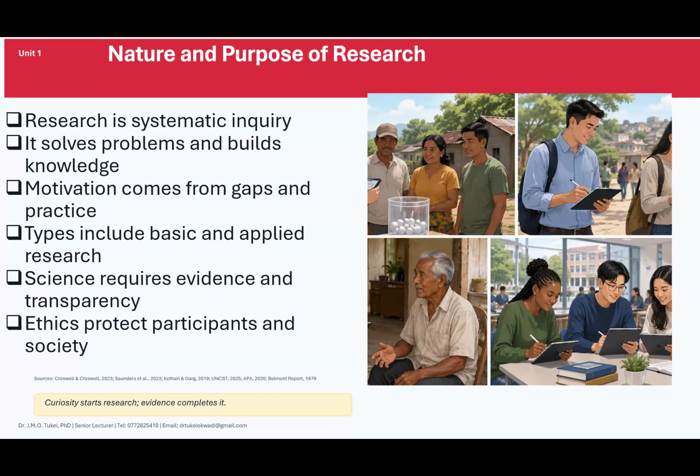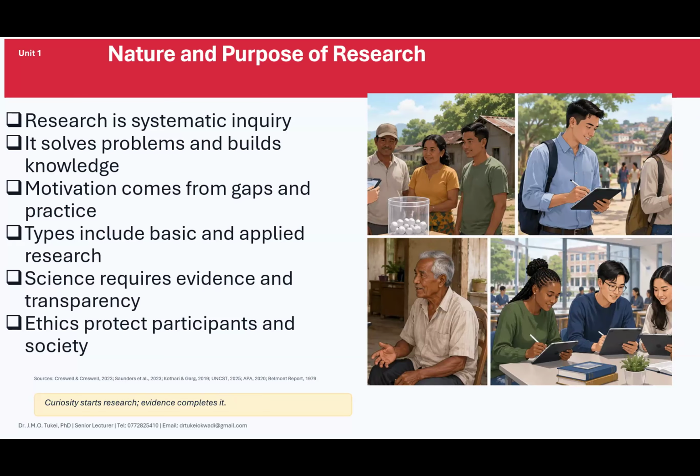Colleagues, I want us to understand that all we are discussing here is something we ought to understand, because ideally, in a professional setting, research supports evidence-based decision making. I'll mention this again.